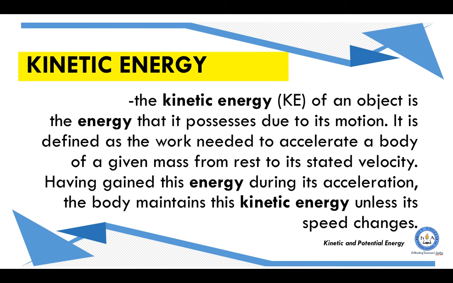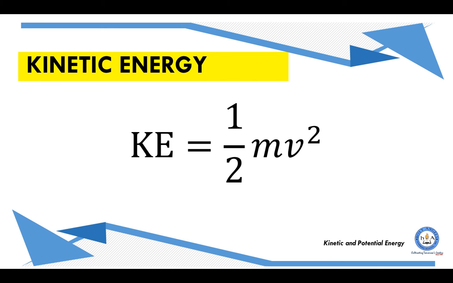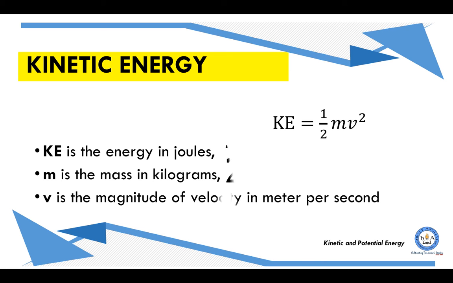Now in this lesson, we're going to learn how to calculate kinetic and potential energy. First, in kinetic energy, we use the formula: kinetic energy equals 1/2 times the mass of the object times velocity squared. Now let us remember this.